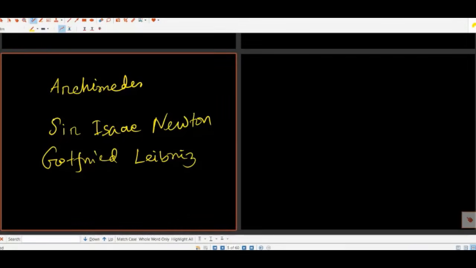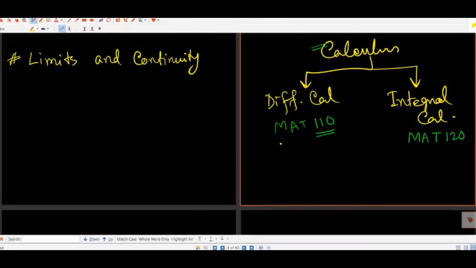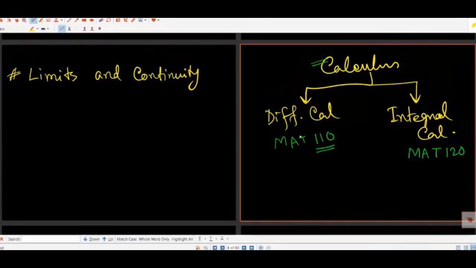So Isaac Newton and Leibniz mainly discovered calculus, and followed by them Leonhard Euler mainly developed today's calculus. We should have respect towards them because of the pioneers, today we have the modern calculus that is known as differential calculus and integral calculus.